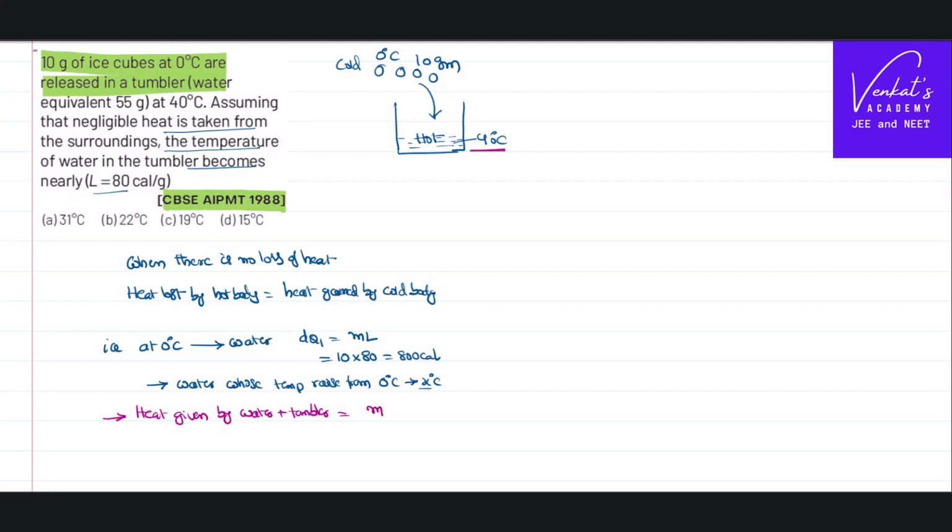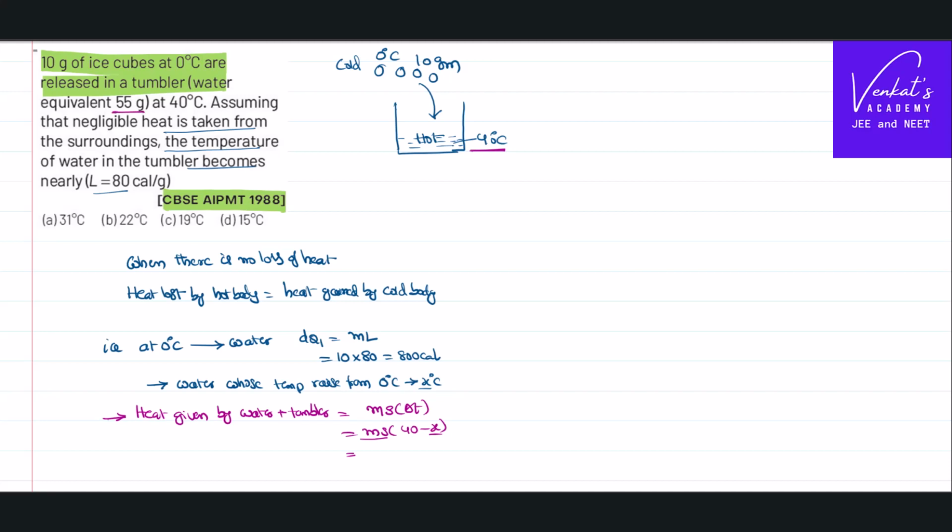mass of that, specific heat of that, and a delta T. Mass into specific heat, delta T: it falls from 40 to x, whereas ice rises from 0 to x, where x is the intermediate temperature and we need to calculate that. Instead of mass and specific heat, which is called thermal capacity, a water equivalent is given for you.